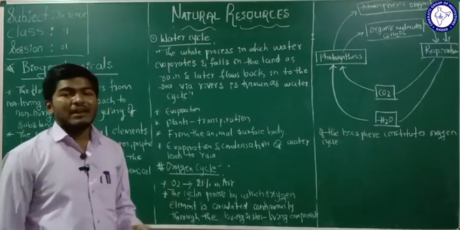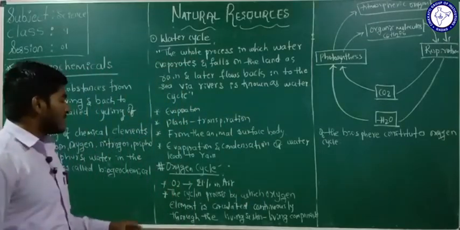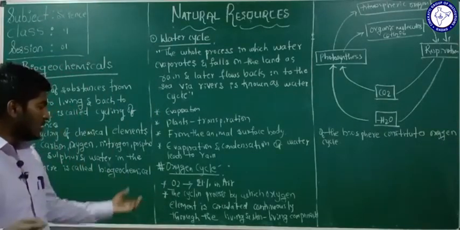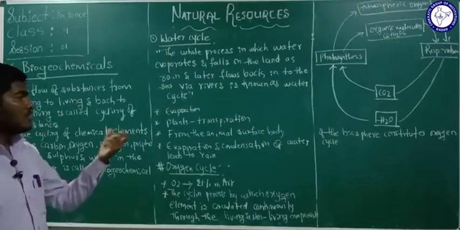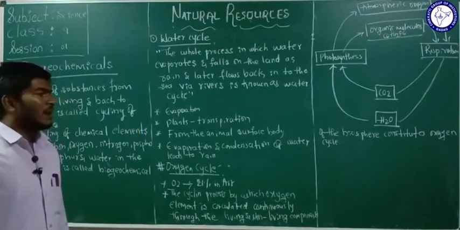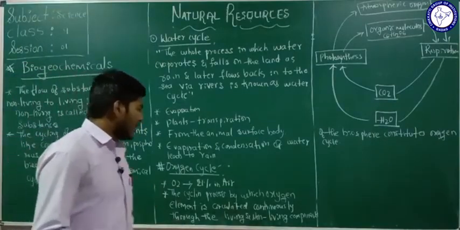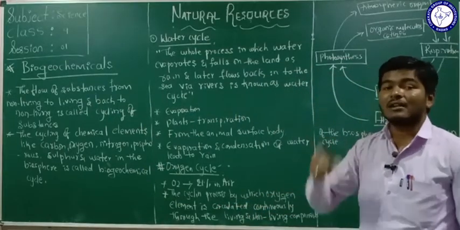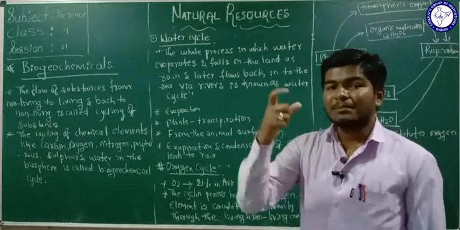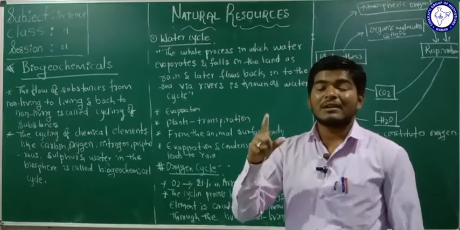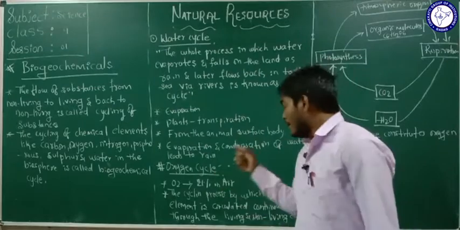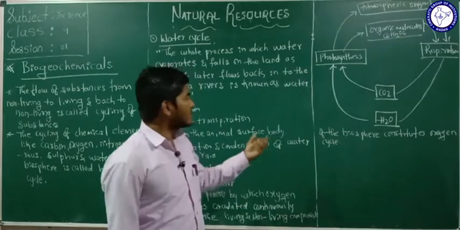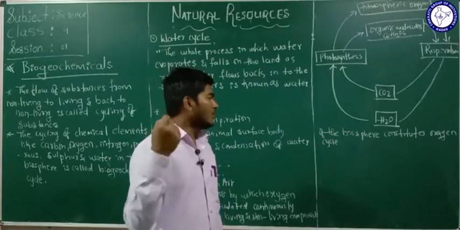Oxygen is present in the air at about 21%, and the cycling process by which the oxygen element is circulated continuously through the living and non-living components of the biosphere constitutes the oxygen cycle.